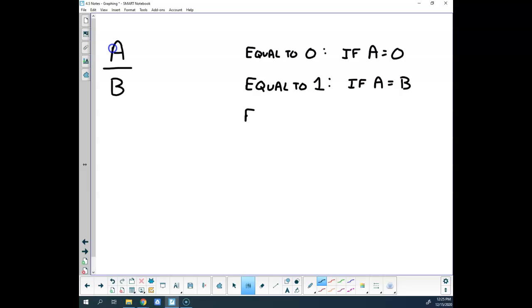Okay, let's pick it up a notch. When is that fraction equal to negative 1? Curveball. When they're opposite. If A and B are opposite.